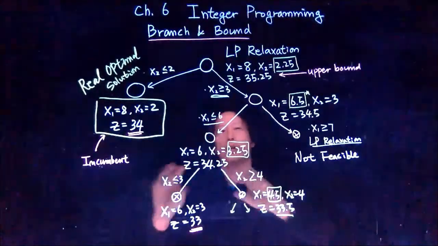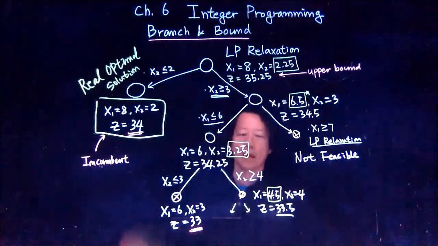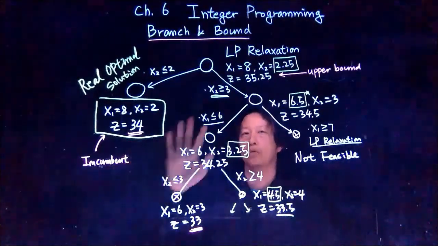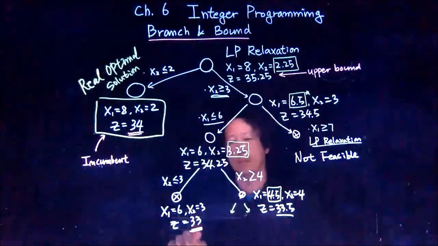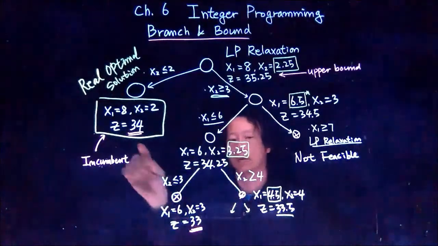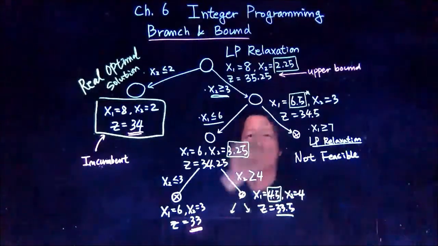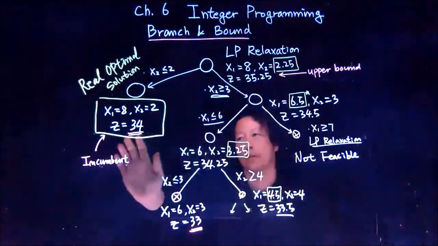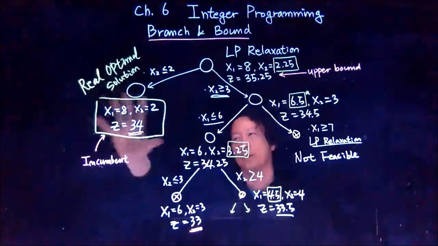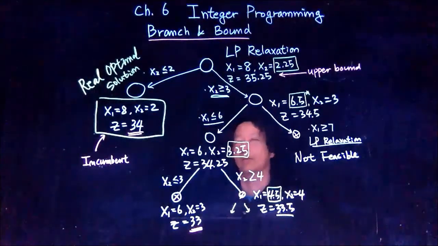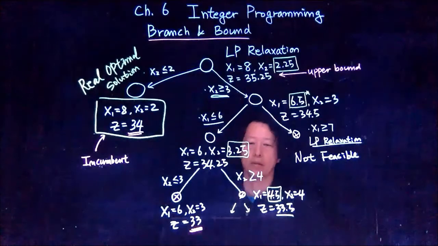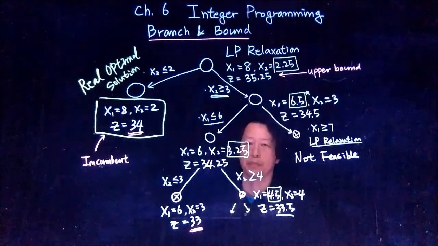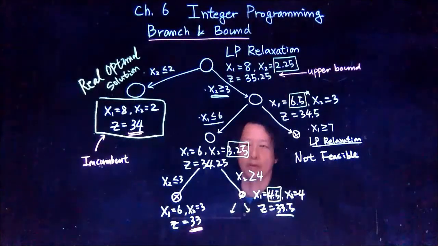Again, we add the constraints, solve LP relaxation, and we find out this is the real optimal solution because we terminated all the areas. All the cases are smaller than this number, smaller than this number. This is not feasible. So this side, we cannot find any better solution than the 34. So this is the real optimal solution. That's how Excel solver finds any integer programming problems.